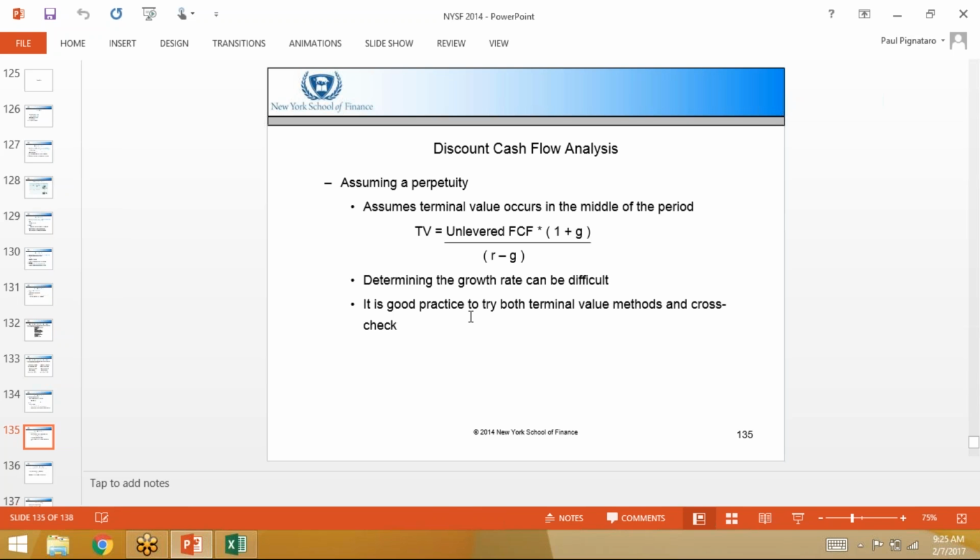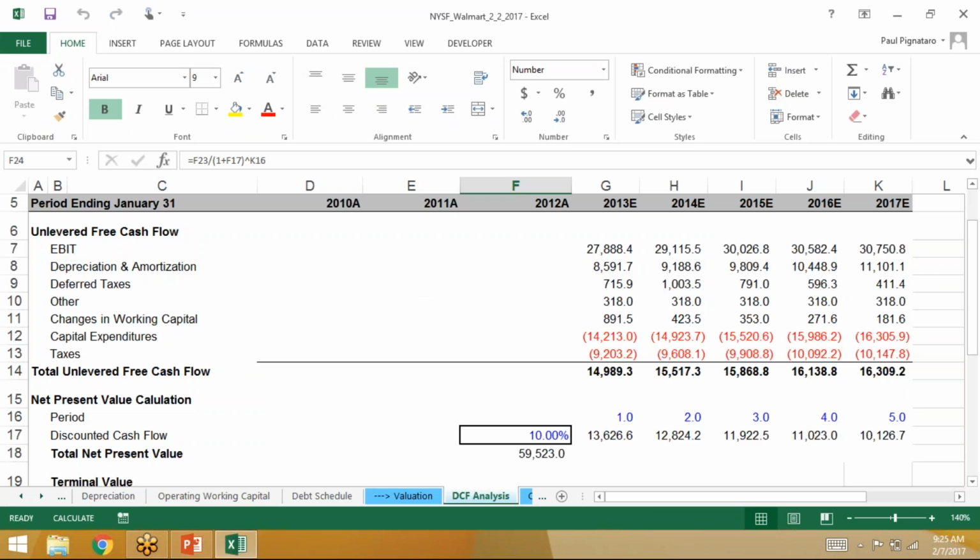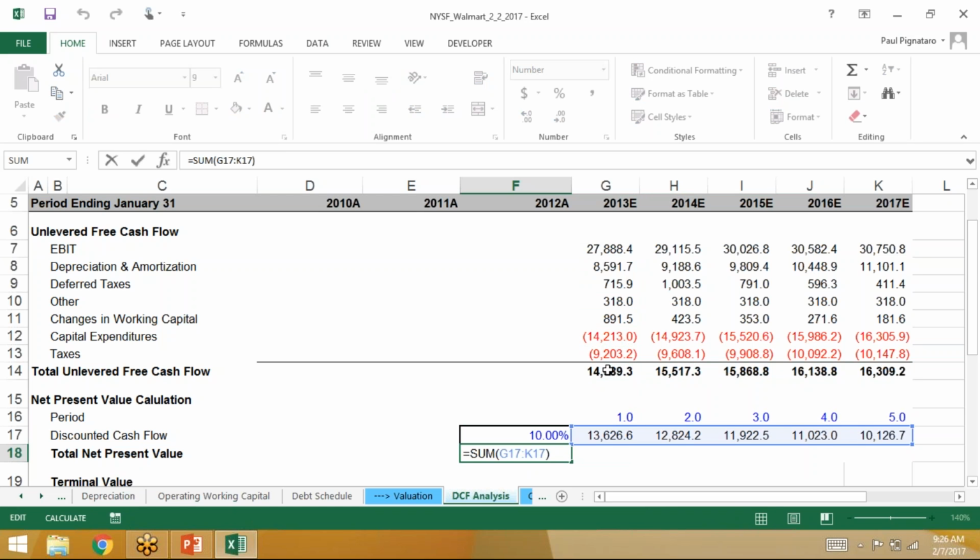So whatever terminal value we decide, we take those terminal values, add it to the base value, and that's our total value. So where we left off, if you recall, we took all of these line items, and we basically pulled them from the cash flow statement, except for taxes, which we calculated, EBIT times tax rate. Added them all up, discounted back, and we summed up all those cash flows.